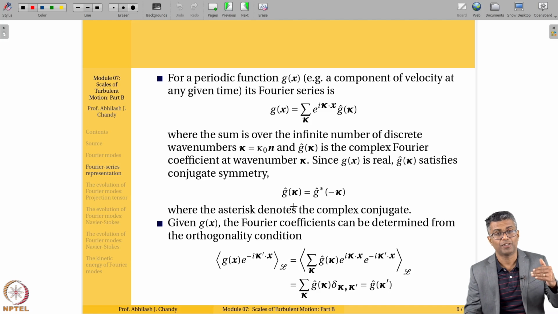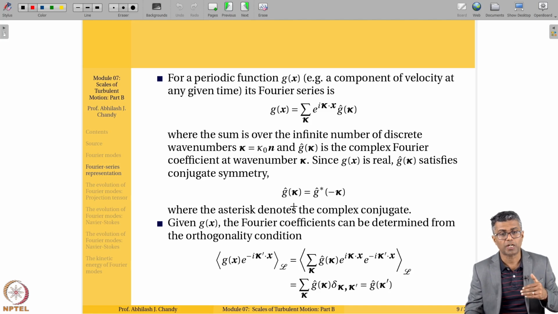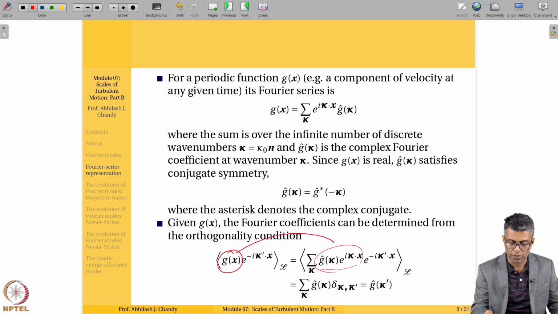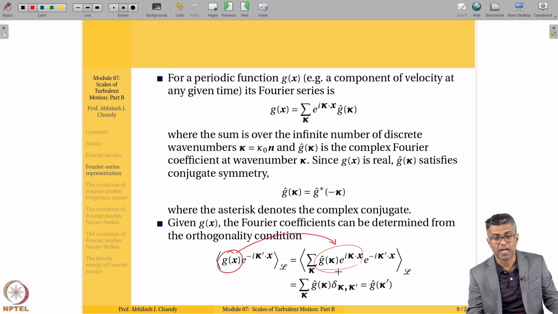Now that you have the Fourier series and this conjugate symmetry property, you will have g of x times e to the minus i kappa prime dot x, volume averaged. Instead of g of x, I can substitute this.